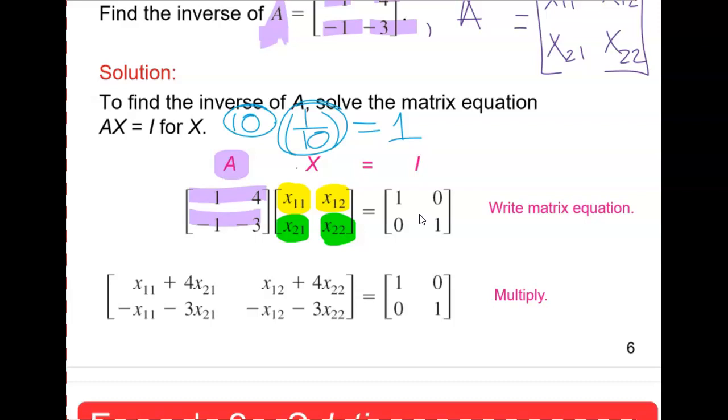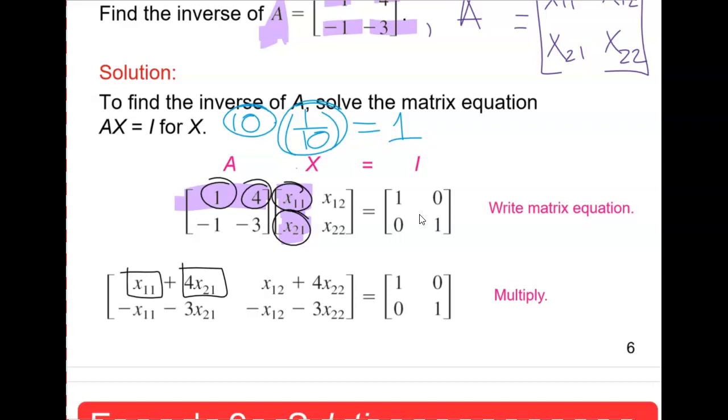I'm just going to erase a little bit of this. Okay, so we're going to have first row times first column. That will be 1 times x11, so that's here, plus 4 times x21, so it's 4 times the variable.